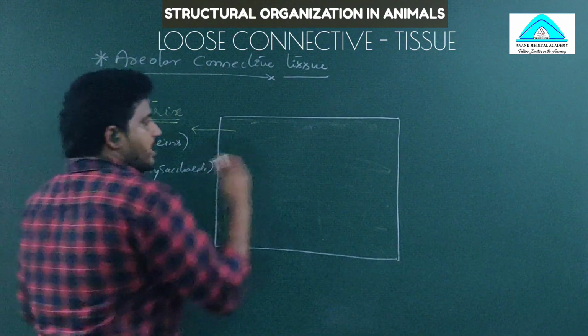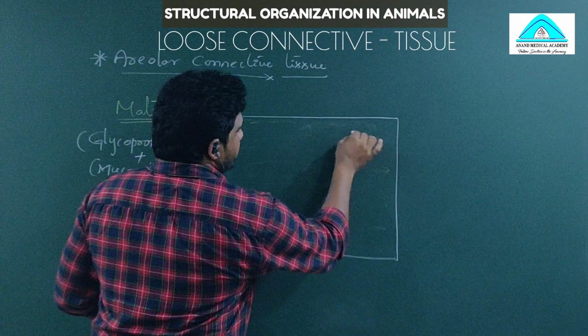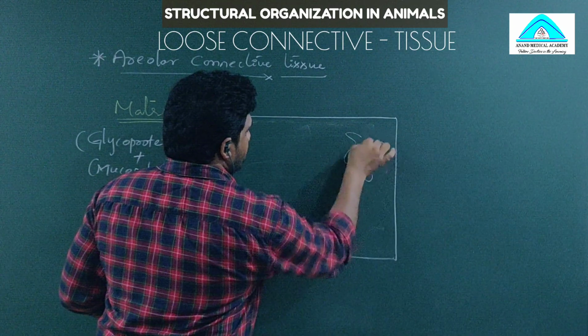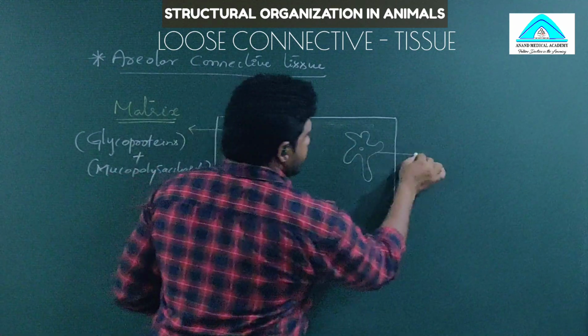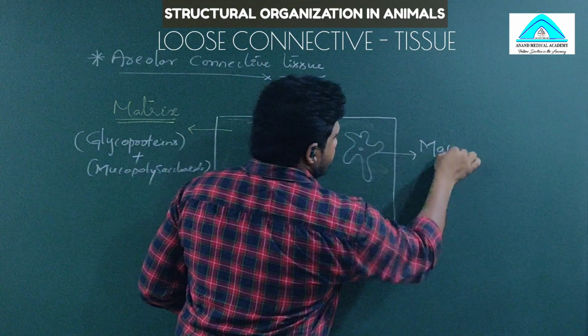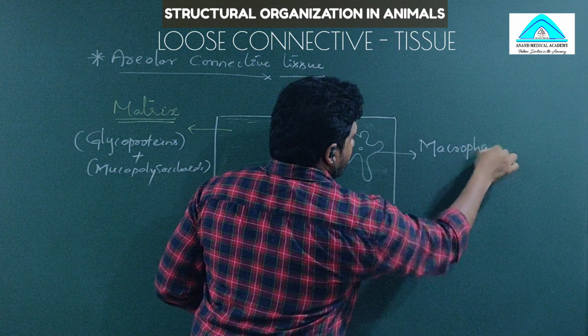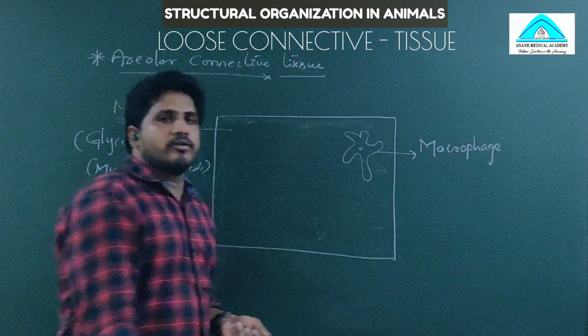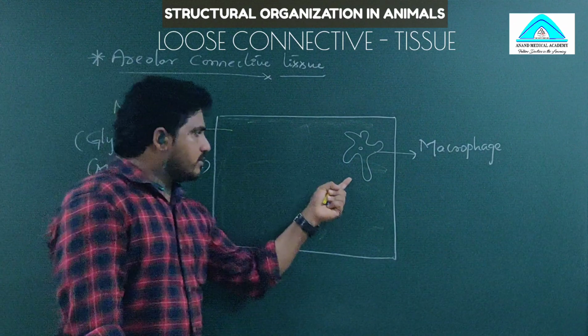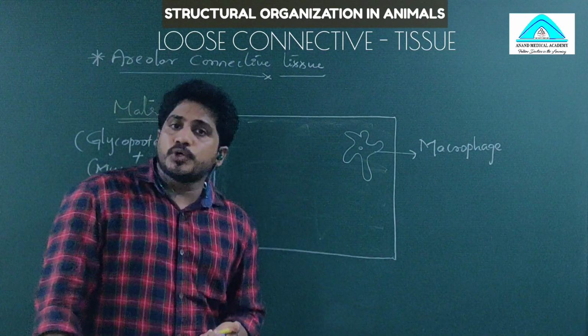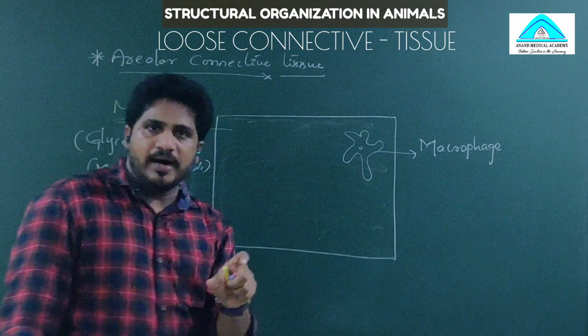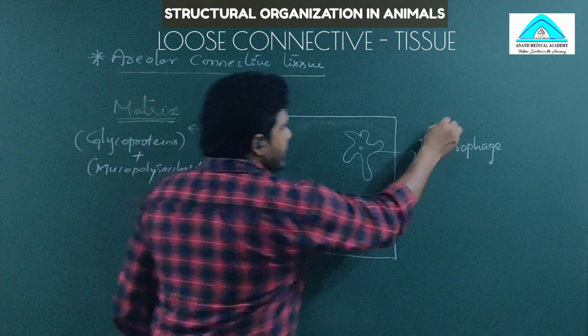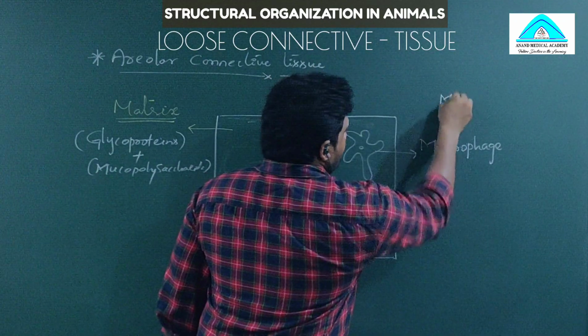Inside the matrix there are different types of cells present. Suppose if you see, this cell is called macrophage. You have seen in this diagram that there are pseudopodium-like structures. It looks like an amoeba because this cell is derived from monocytes.